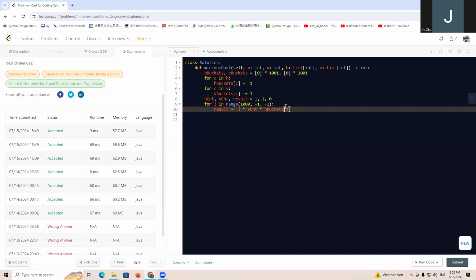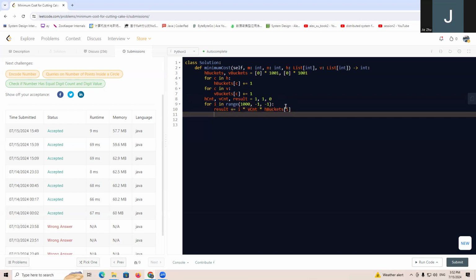And then we'll have H count plus equal to H bucket i.